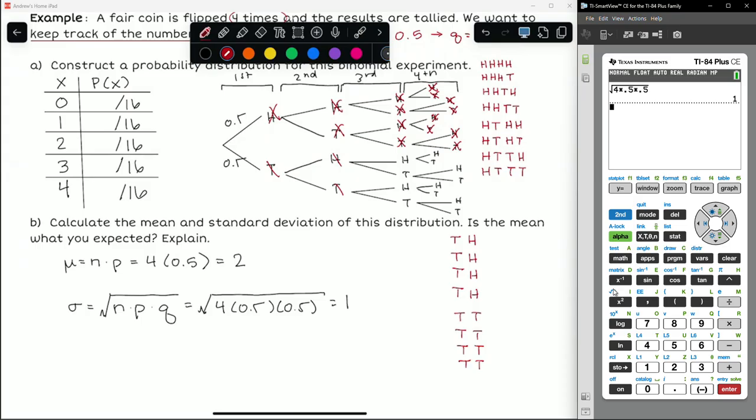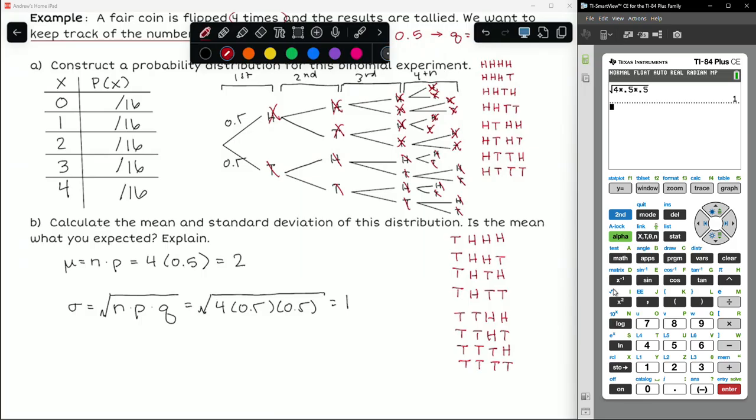Then we're going to go the H branch, H, H, and then H, T, and then we'll go the T branch, and we'll have T, H and T, T, those two, and then we're going to have an H, H, and an H, T, and a T, H, and a T, T, which are those.